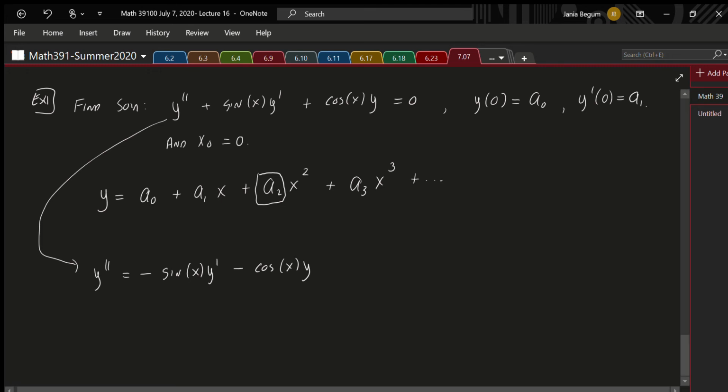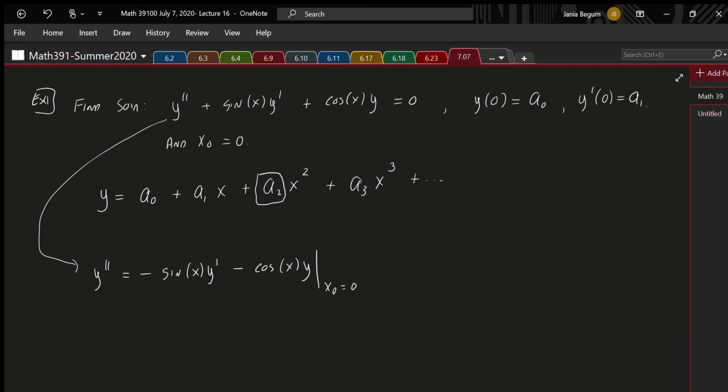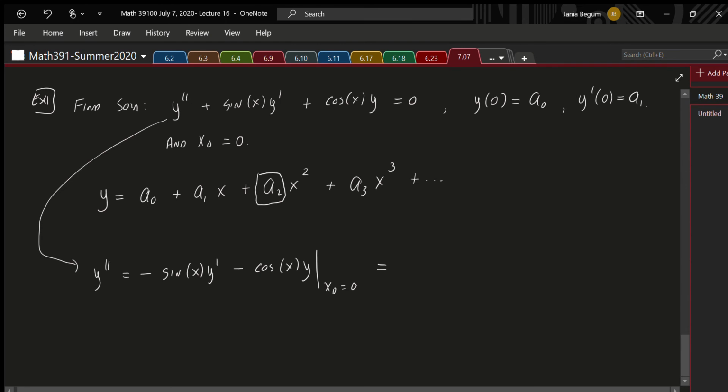Let's evaluate this at x naught equal to 0. Hopefully you guys have it this way. We're plugging in 0 into the function.